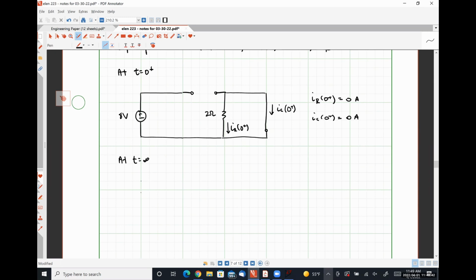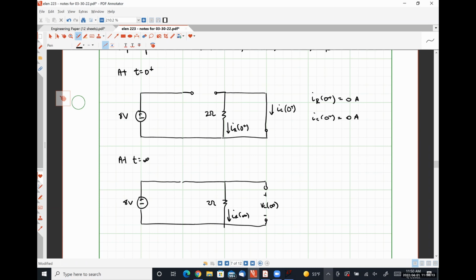At t is equal to infinity, we have DC steady state. So our switch is closed. Our inductor looks like a short circuit. Here's our 2 ohm resistor. Our capacitor looks like an open circuit. Here's VC at infinity.